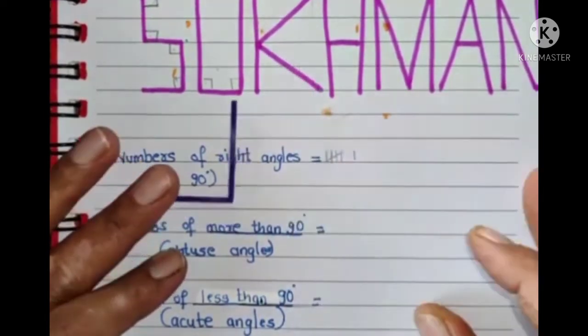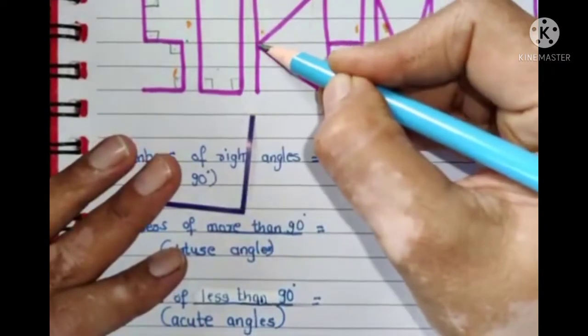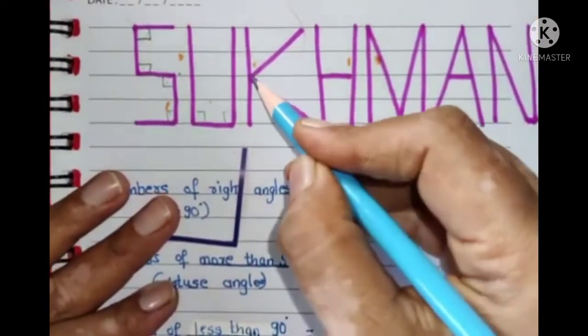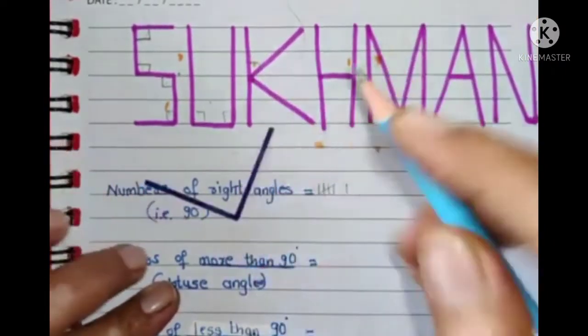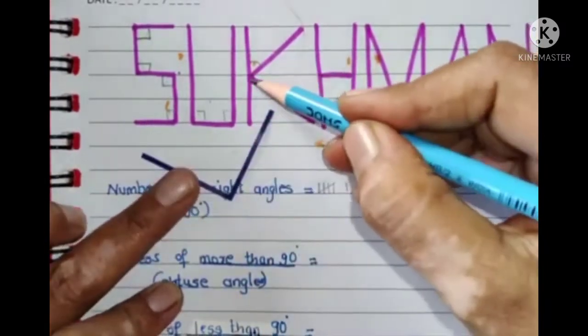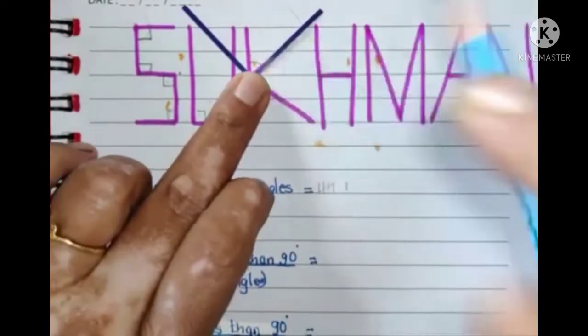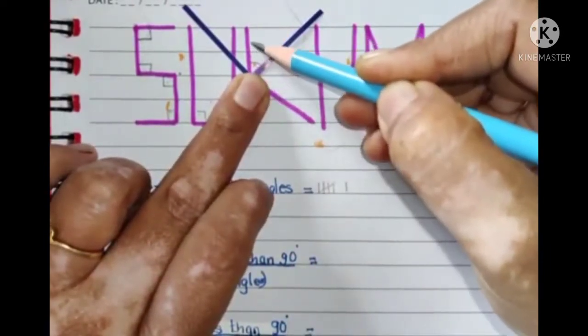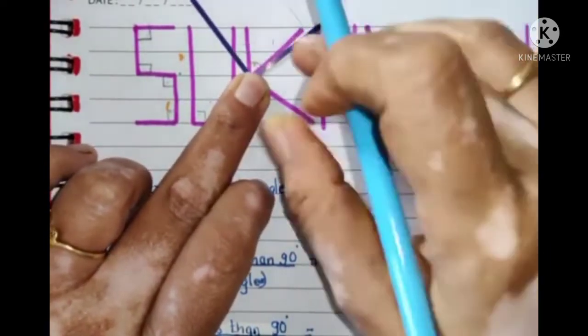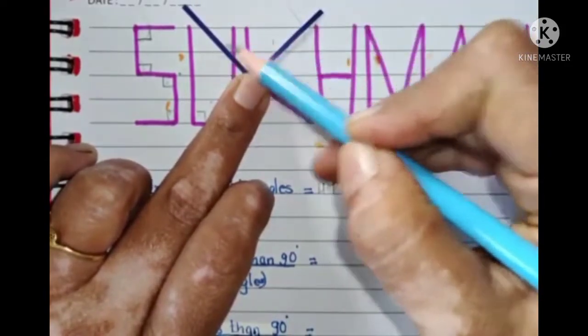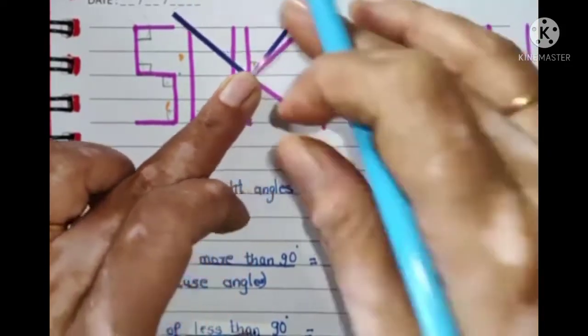Now let us count for this. This is the vertex and this is the angle we want to find. So we have to overlap one vertex and one arm by this, so that we will come to know that this line is still inside the 90. It has not yet come till 90. So this is an acute angle.